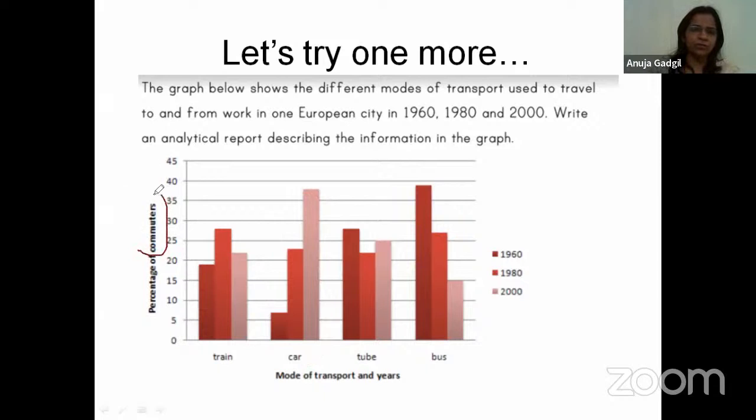Commuters means people who travel. Can you tell me what's the percentage of people who traveled through car in year 2000? I repeat my question. Percentage of people who traveled in the car in year 2000.